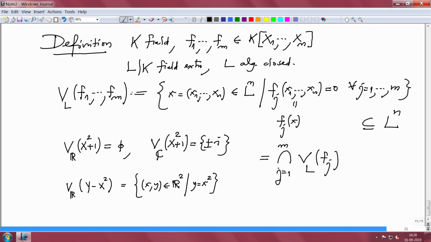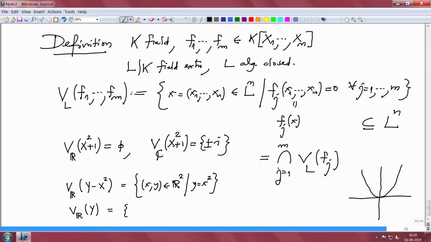And now I will draw the pictures. So, this is my parabola, and I have considered this parabola, and now I consider another one, V_R of y. Which tuples are these?